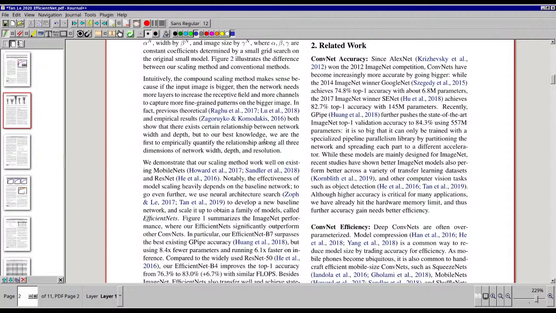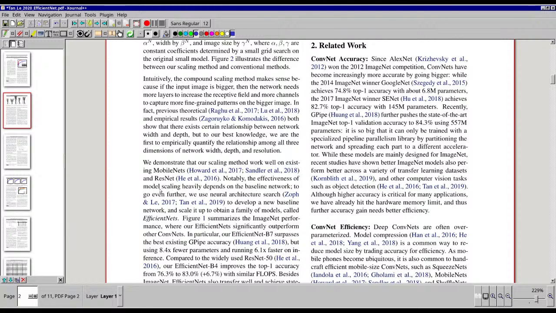But to our knowledge, we are the first to empirically quantify the relationship among all three dimensions of network width, depth, and resolution. We demonstrate that our scaling method works well on existing MobileNets and ResNet.